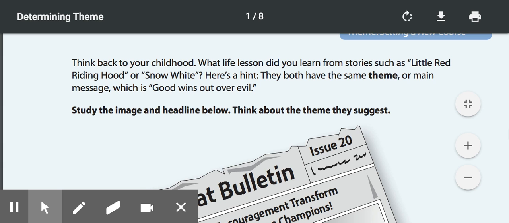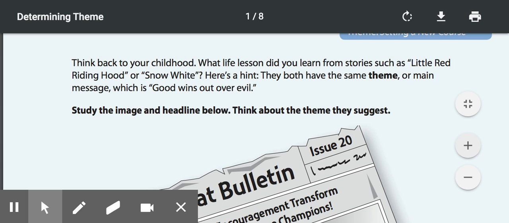So our objective today is determining theme. Let's talk about the what, the why, and the how. The what: we will practice determining a theme or a life lesson in a text. Our why: we will understand that as careful readers, we are mindful of theme development since it helps us understand story, events, and characters' motivation.